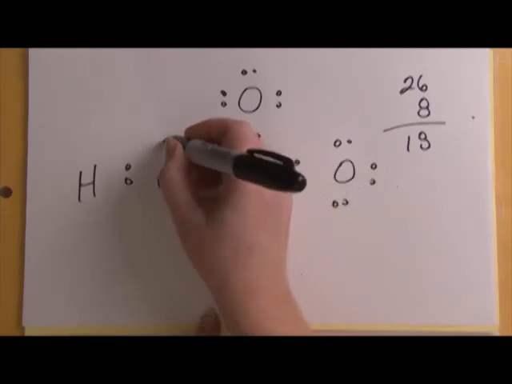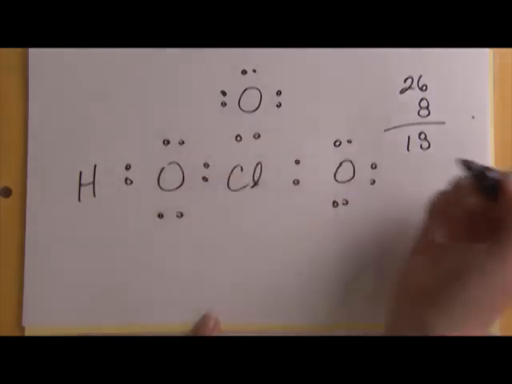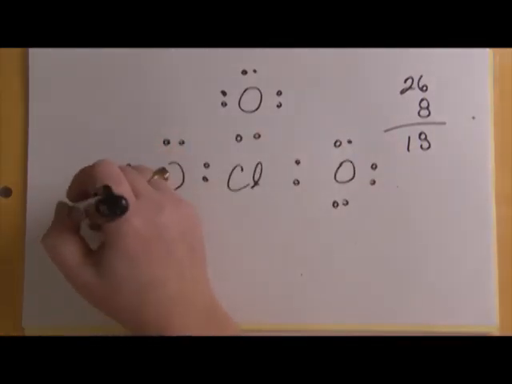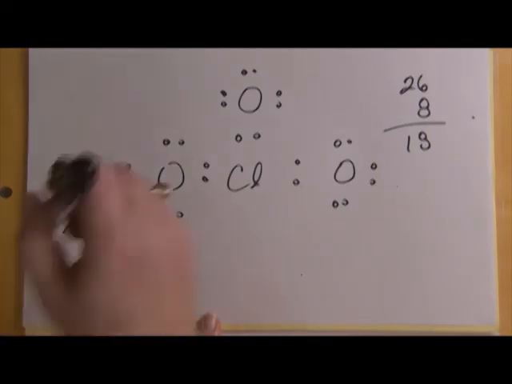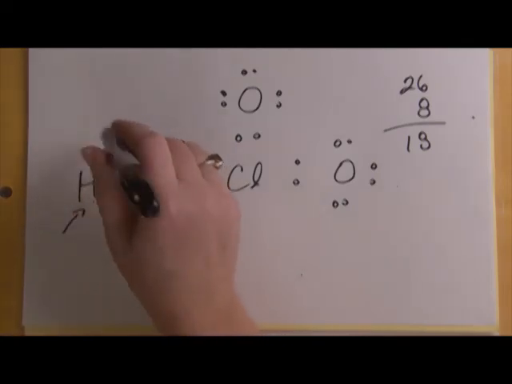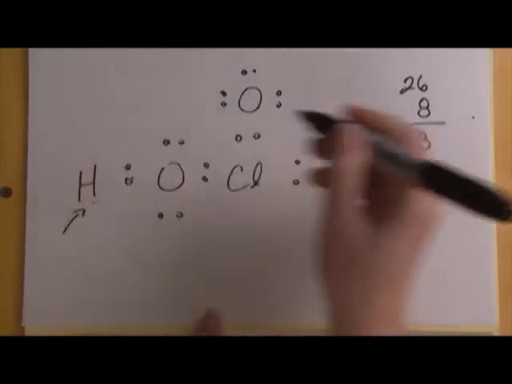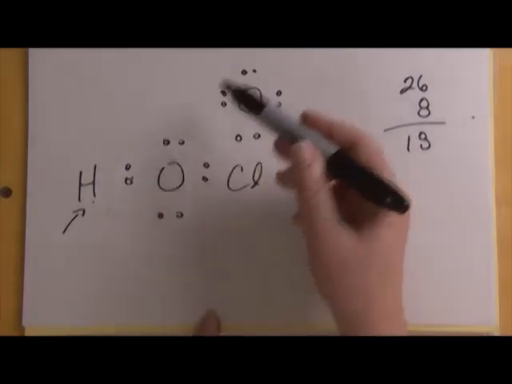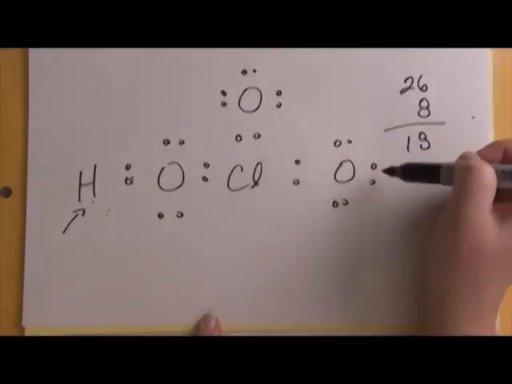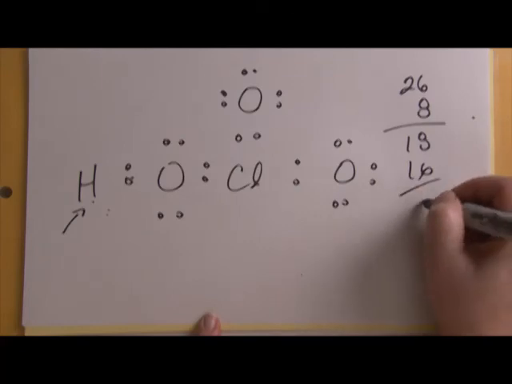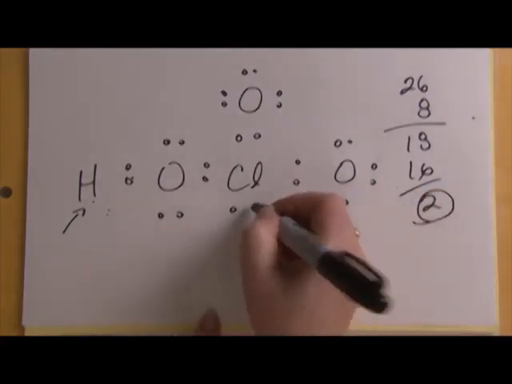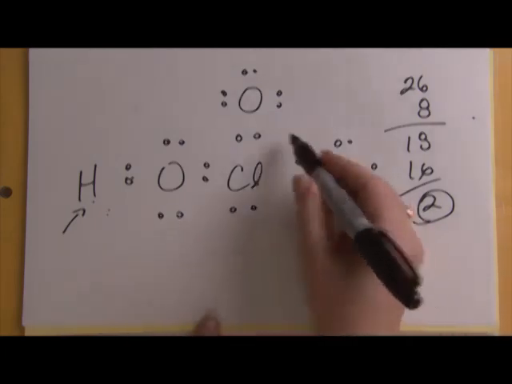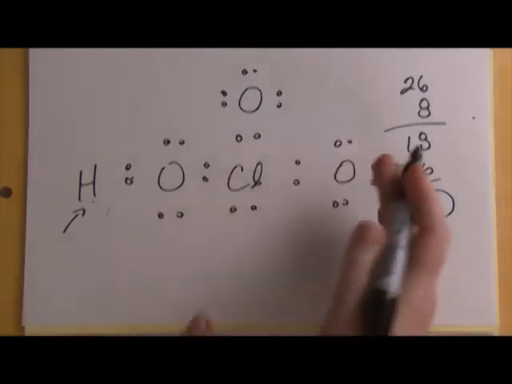This guy already has 2, so I just need 4 more. Here's the exception. Hydrogen only has 1, only needs 2. There is no octet for this guy. He's good the way he is. So I've used 2, 4, 6, 8, 10, 12, 14, 16. 2 left, which is perfect. I now have 2 to make a perfect octet around my chlorine, and we're done.